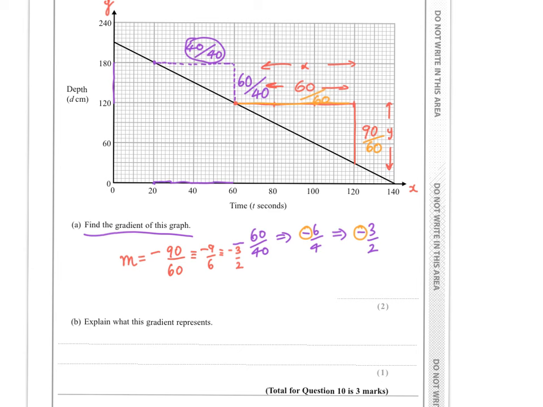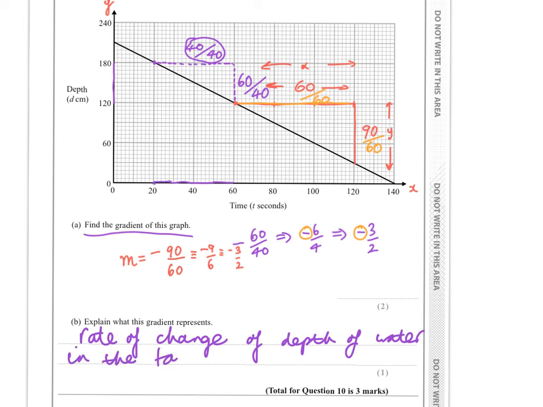So I would say that the gradient represents the rate of change of depth of water in the tank. So something of that nature would gain you the 1 mark.